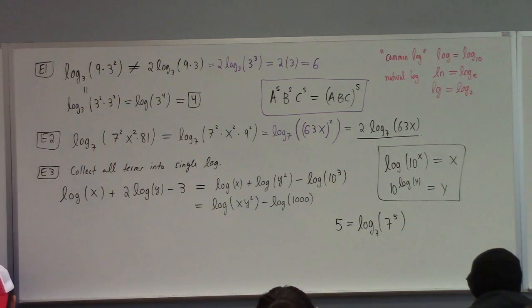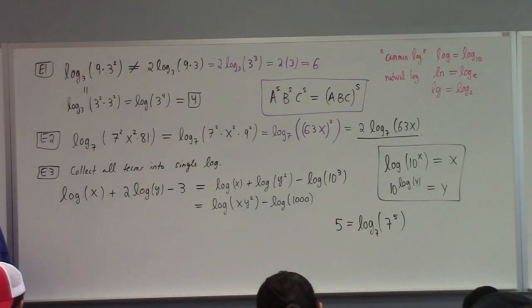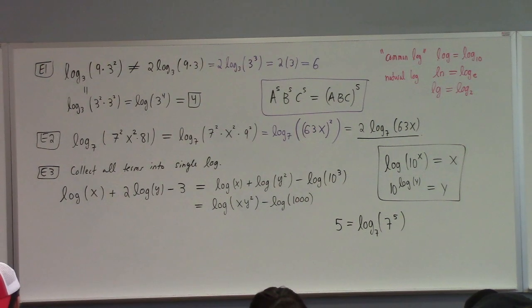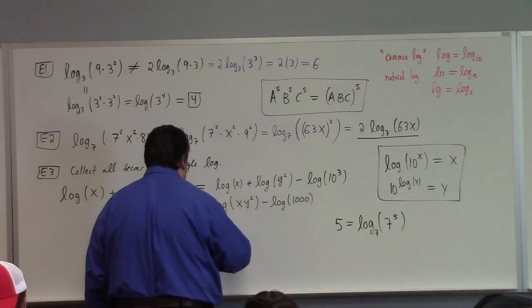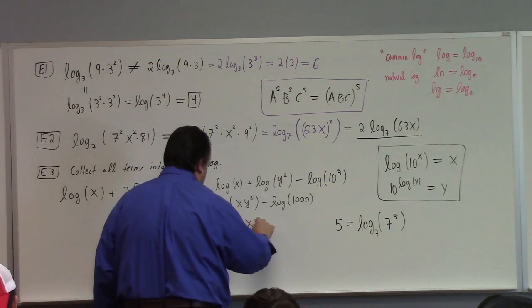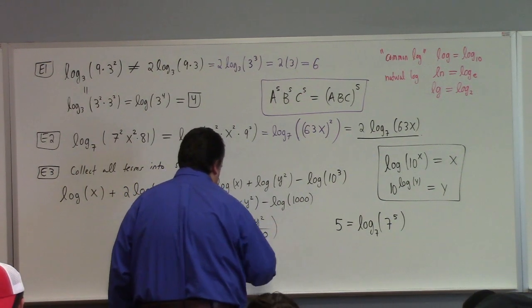My instructions were to collect all terms into a single log. So basically it's x times y squared divided by 1,000. That's right. It's the log of x times y squared divided by 1,000.